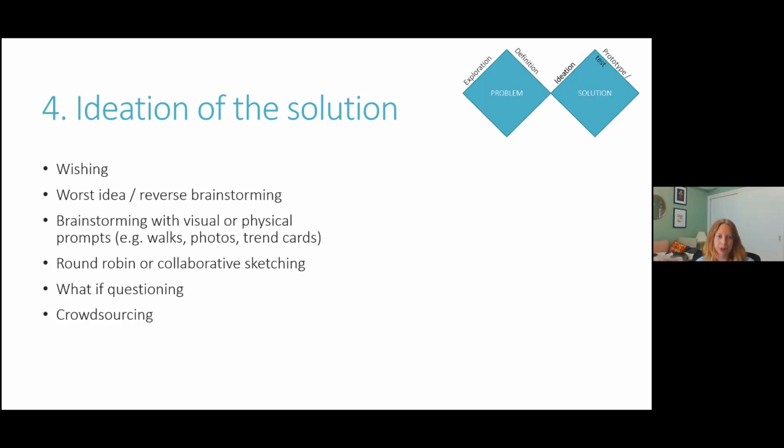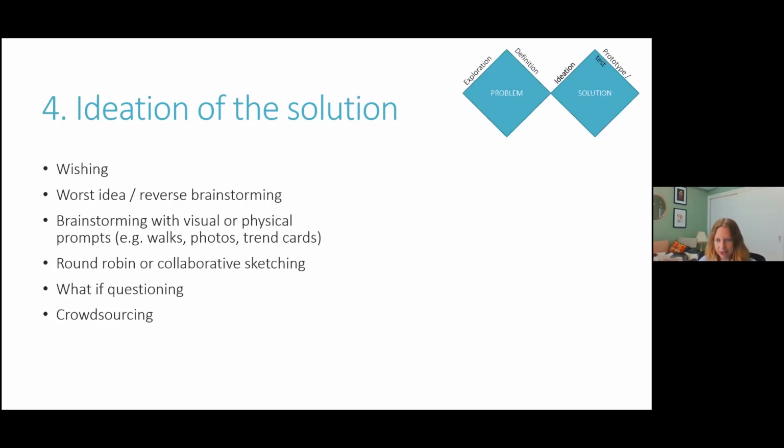You can have, what if you were Richard Branson? What would your decision be? Or what kind of idea might you come up with? You can use that to take people on a more divergent series of questioning if you feel like the line of ideas you're getting is a little bit similar to the status quo.